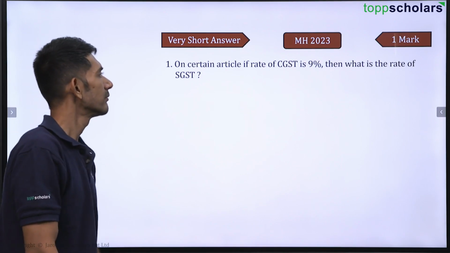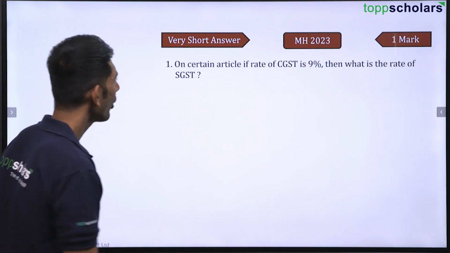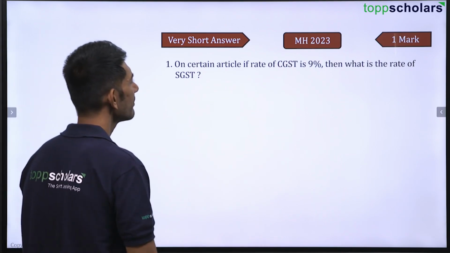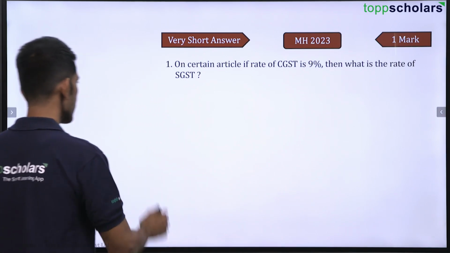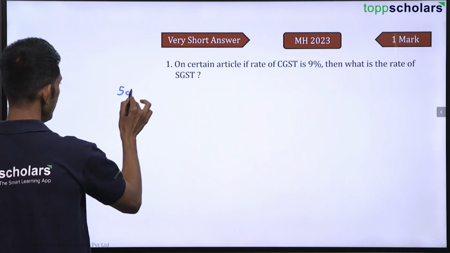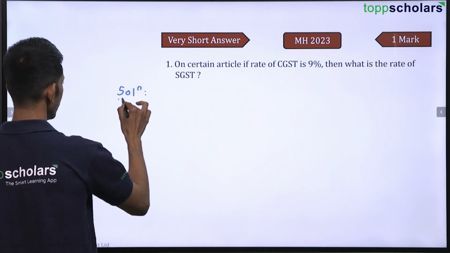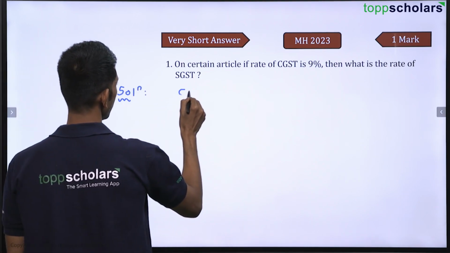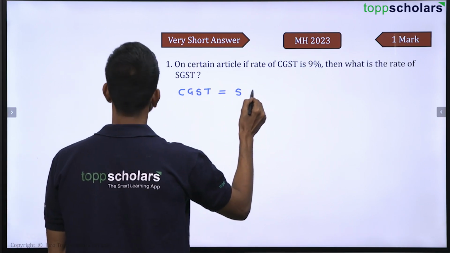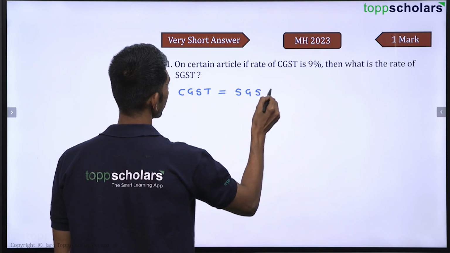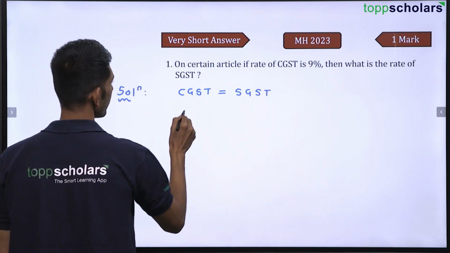Okay. One marker again. On certain article, if rate of CGST is 9%, what is the rate of SGST? Always remember, this we have already done. Central Goods and Service Tax is the same as State Goods and Service Tax, right?